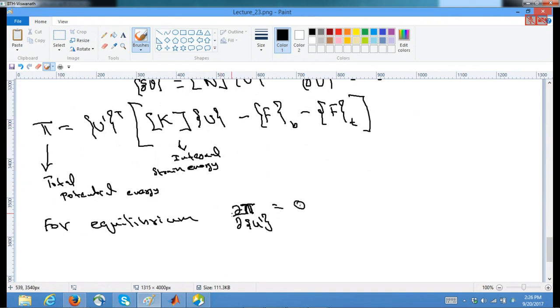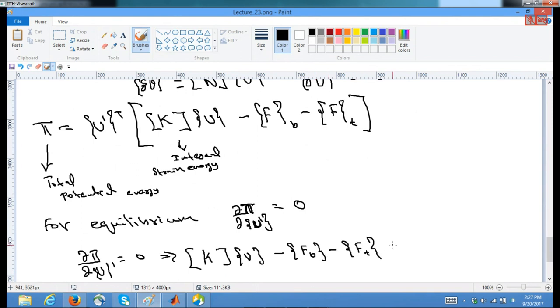So if I take this and differentiate with respect to dou u dash, this is capital U, this gets differentiated, this is independent of u dash, so it is k into u minus f_b minus f_t equals 0.